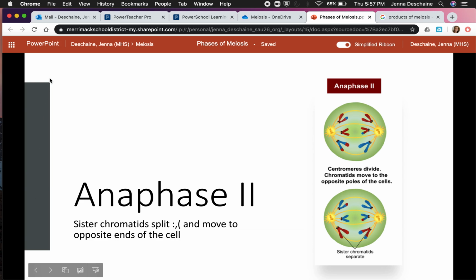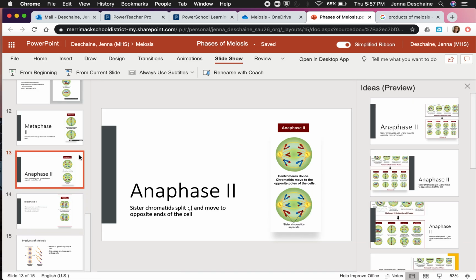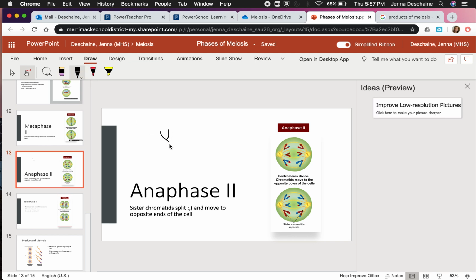So if you guys remember, all right, this is our chromosome made up of two sister chromatids, one sister chromatid right here, one sister chromatid right here, and eventually they are going to split just like in mitosis, my bad. Just like this. So these are sister chromatids, but these are individual chromatids, but they are also chromosomes.